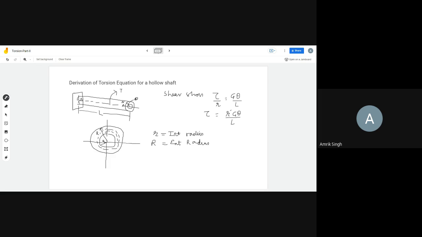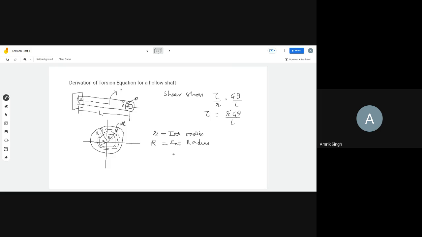This is a ring of thickness dr, located at a distance r1.